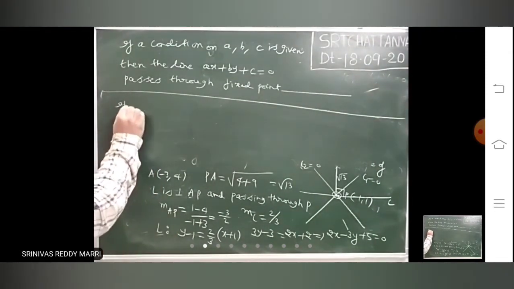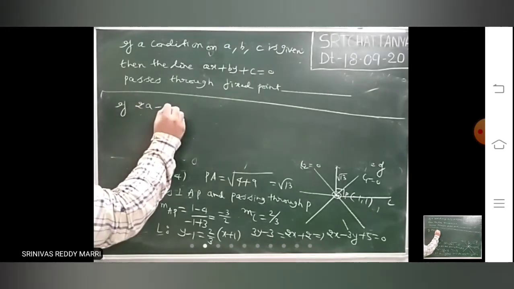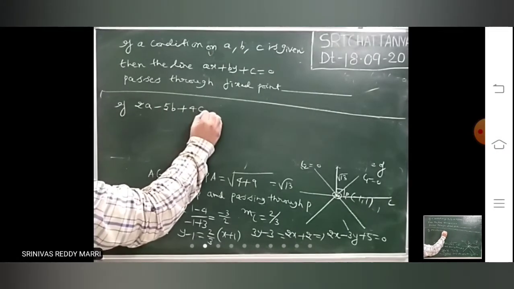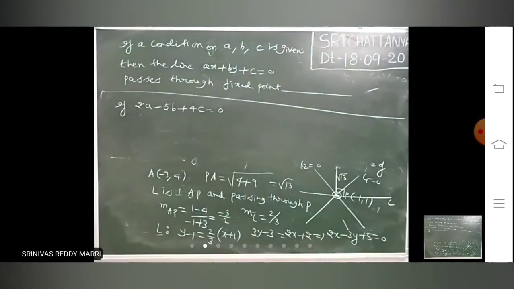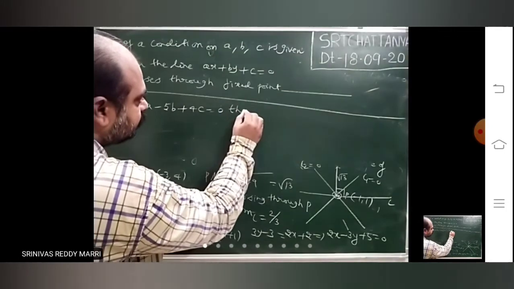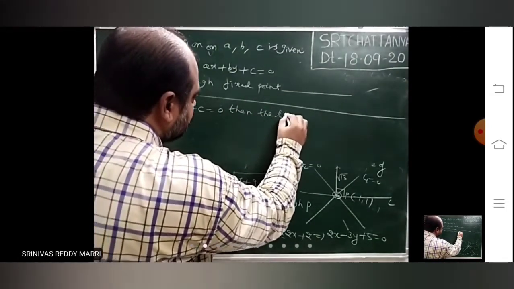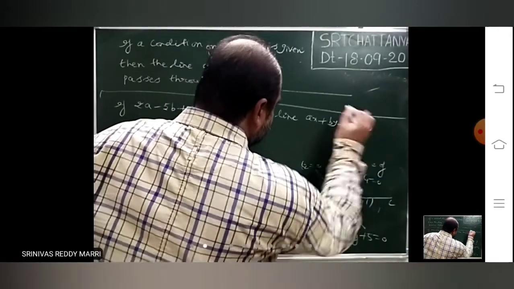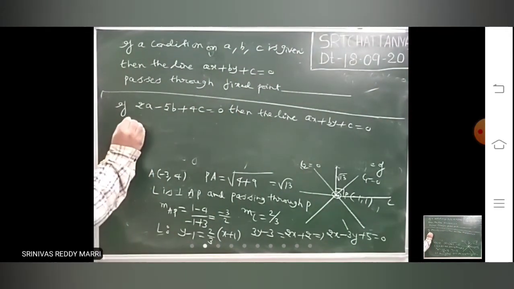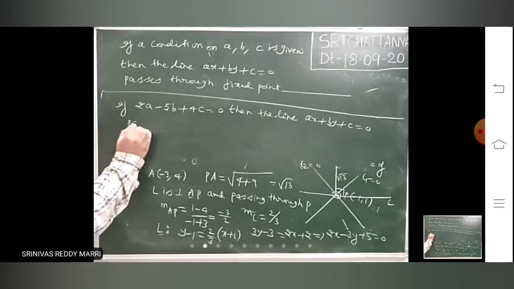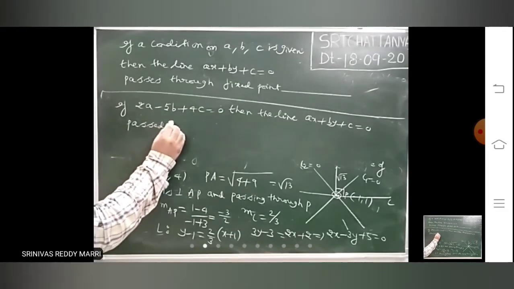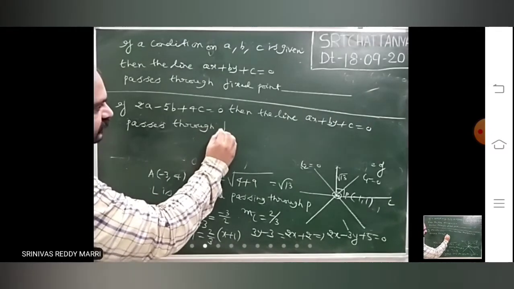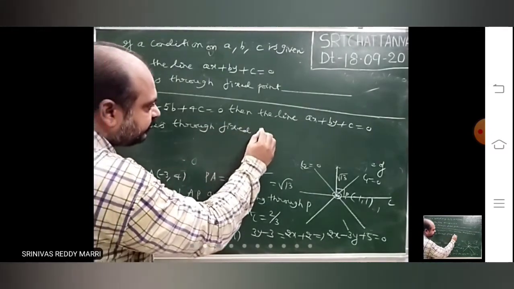If 2a minus 5b plus 4c equal to 0, then the line ax plus by plus c equal to 0 passes through a fixed point.